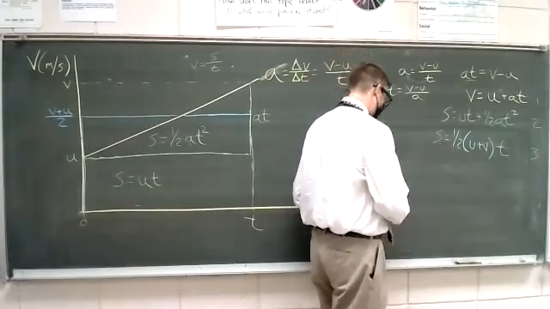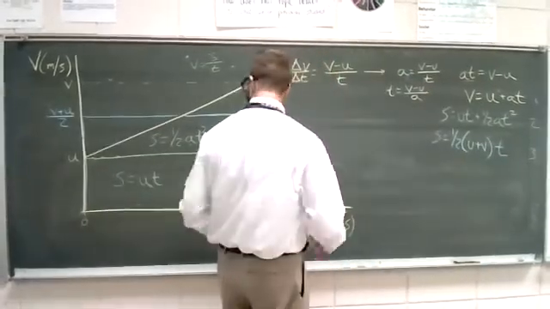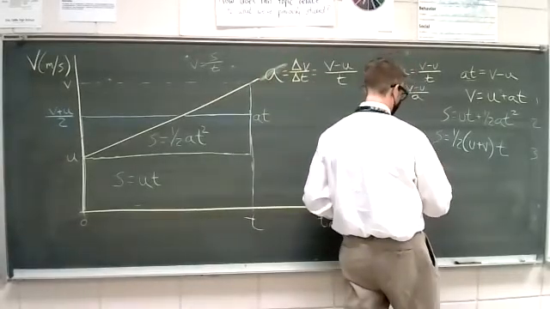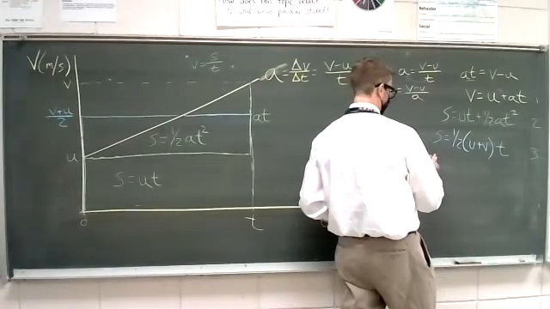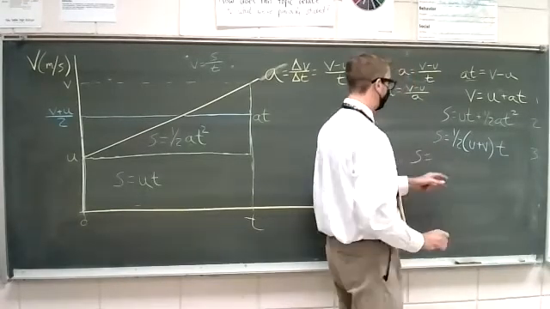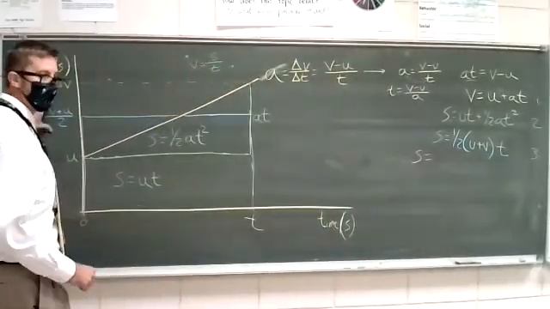So I'm going to rewrite equation 4. This is where I blew it last time. I think I've got plenty of room here. I feel pretty good about this now. All right, so we're going to say S equals. I'm going to rewrite this one like this: u plus v over 2.